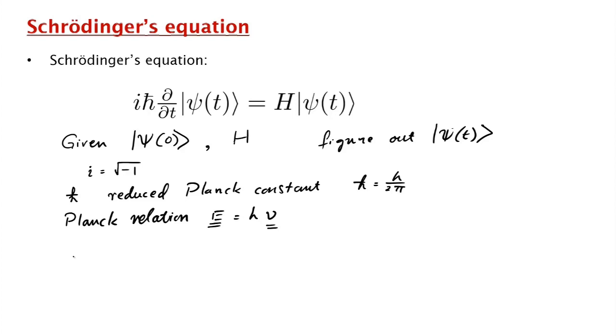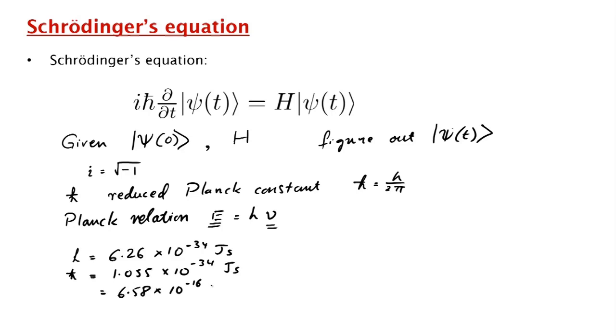The Planck constant is roughly 6.626 times 10 to the minus 34 joule seconds. h bar is roughly 1.055 times 10 to the minus 34 joule seconds, and it's about 6.58 times 10 to the minus 16 electron volt seconds.